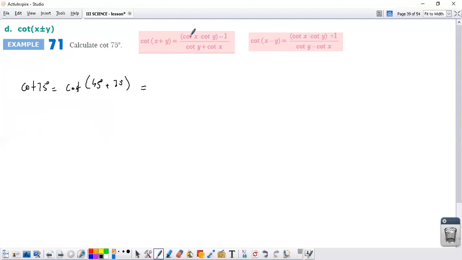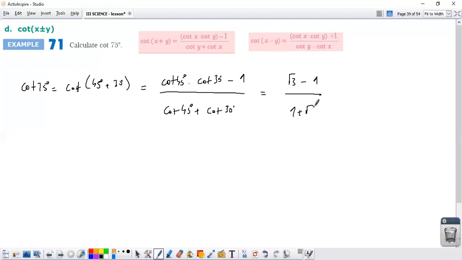We are going to use the original formula and put the values for x 45 and for y 30 degrees. So it's going to be cotangent 45 times cotangent 30 minus 1 over cotangent 45 plus cotangent 30 degrees, which is equal to, cotangent 45 is 1, cotangent 30 is root 3, so root 3 minus 1 over 1 plus root 3.